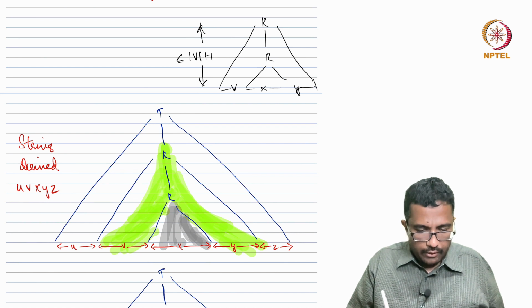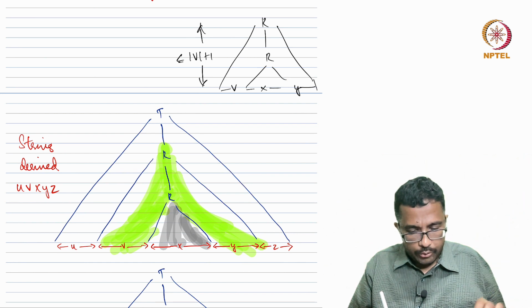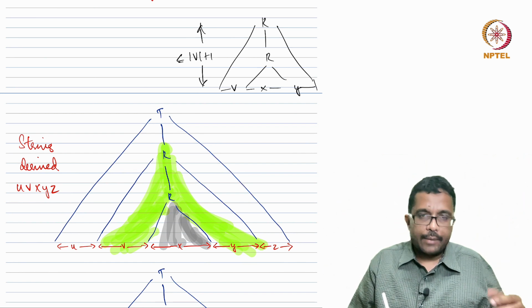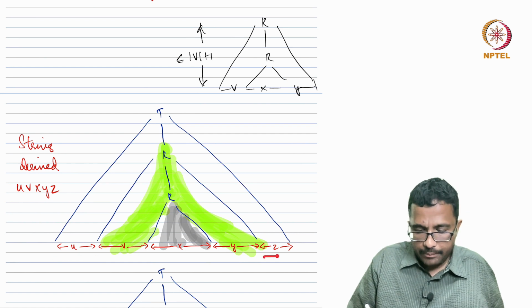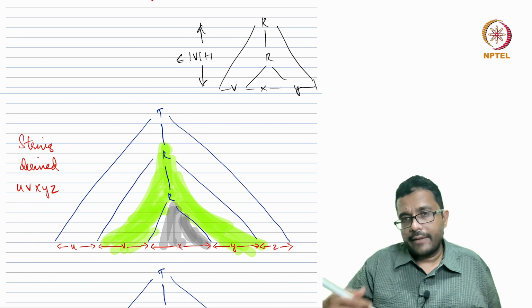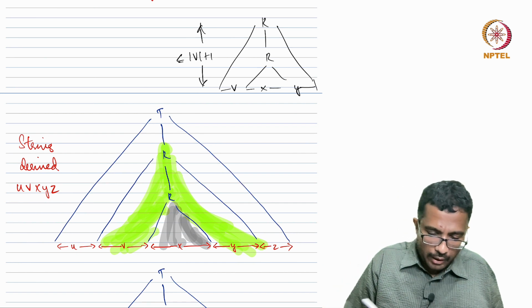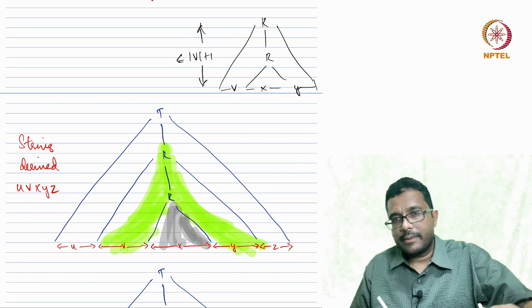From the starting variable to the repeating variable, the string that comes before the repeating variable is u, and the string that comes after the repeating variable is z. Now the repeating variable r derives itself: r derives some string, then r, then some other string.